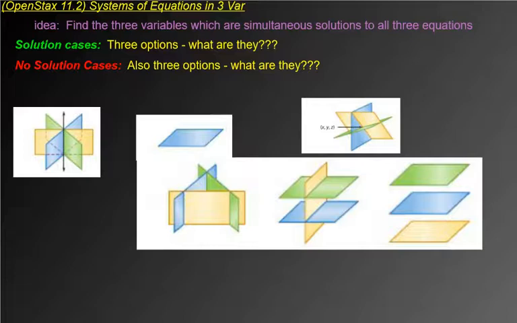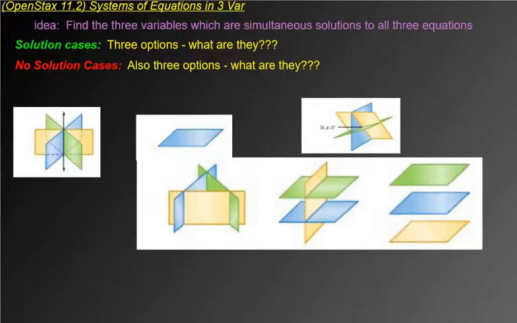We're not really going to do systems of four or five equations, but the idea is the same. You're still looking for where all three things, or all four or five, intersect. It just gets more and more complicated to visualize.